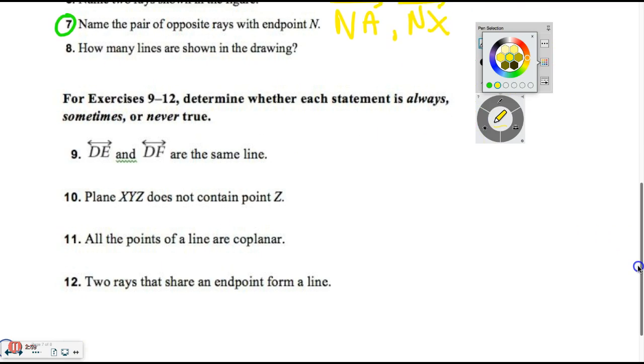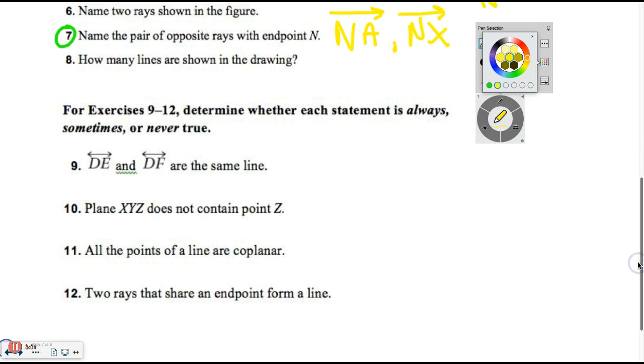Down here, it says determine whether each statement is always, sometimes, or never true. What I told the kids when we were doing this is try to draw 2 rays that don't make a line. And when I was walking around, I think Matt did that. Okay?